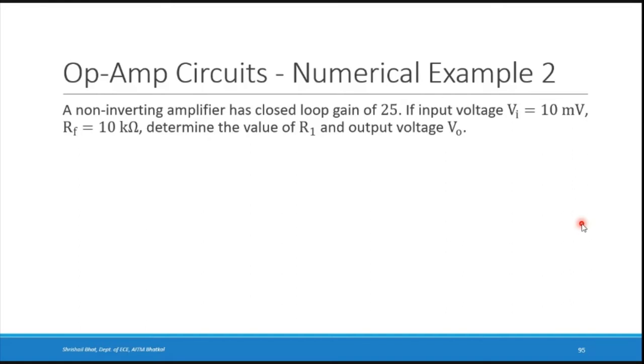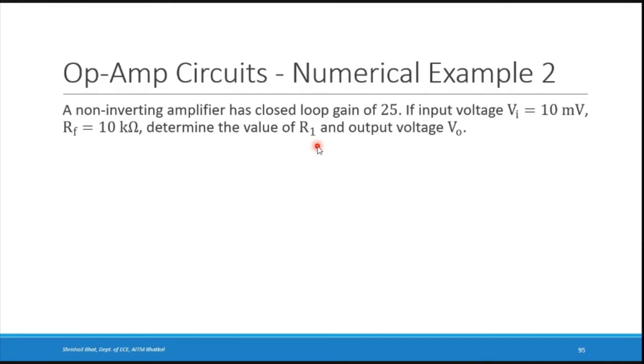You have been given that the gain is 25. The closed loop gain means there is a feedback resistance, that's why it's called the closed loop gain. Input voltage is 10 millivolts, RF is 10 kilo ohms. So you are asked to find the other resistance R1 and the output voltage V0.